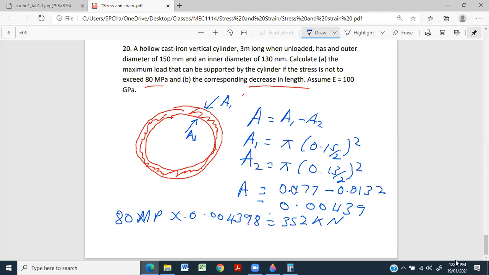I missed the 0 here. Yeah, good. So that's that, and then that should give you this and this. So check back your working for these two. You get 352 kilonewtons.